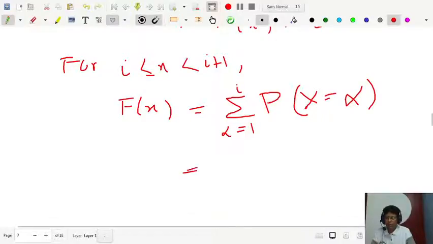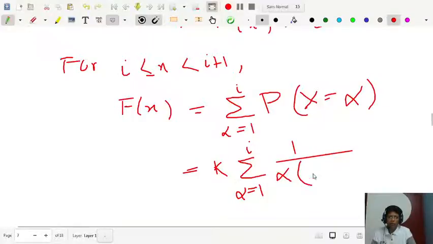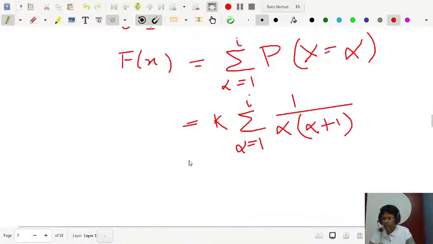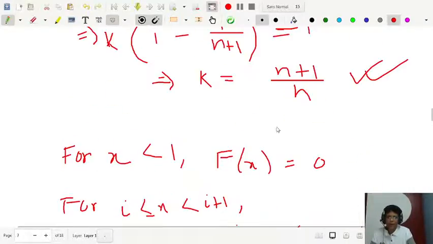That is equal to k into the summation over alpha equal to 1 to i of 1 by alpha into alpha plus 1. And you know the value of k.